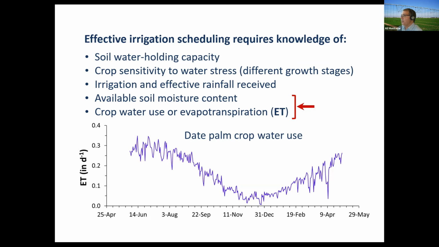You obviously see how variable crop water use is over the season. It changes from a maximum of 0.35 inches a day to nearly zero in late December.